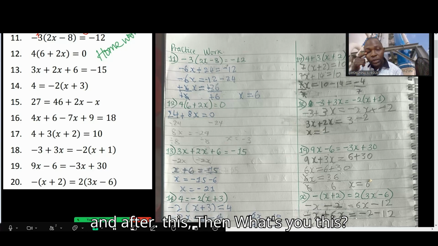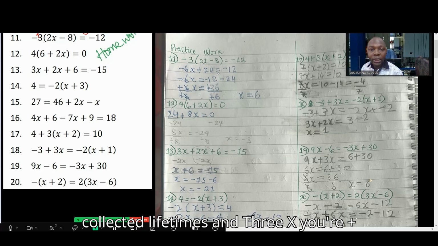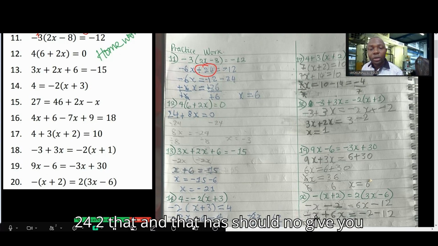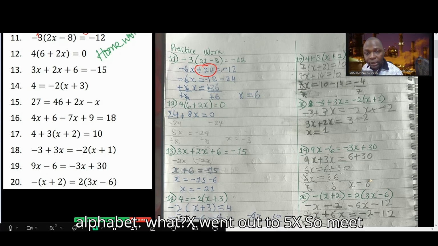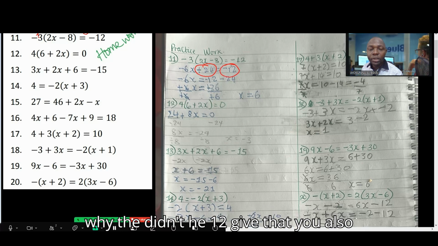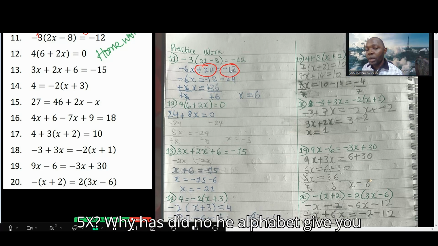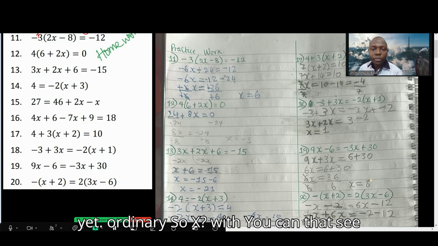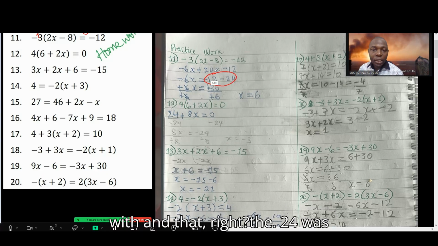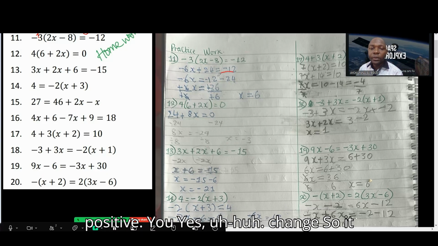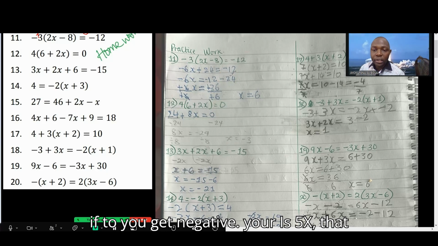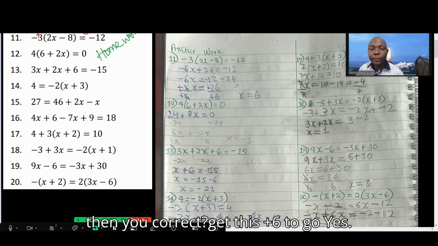Then you collected like terms, and your 24 that has no alphabet X went out to meet the 12 that also has no alphabet X. With that, they are like terms. And the 24 was positive, you change it to negative. Is that correct? Yes.